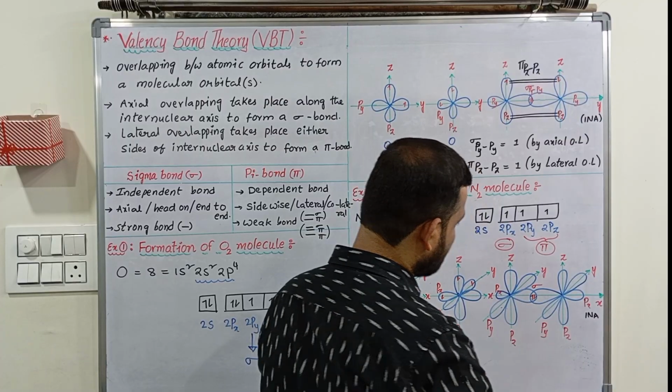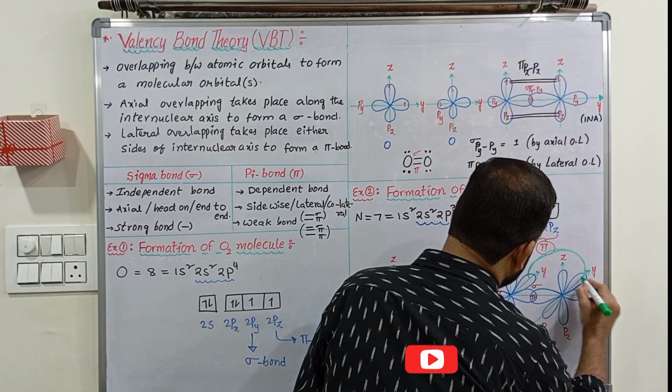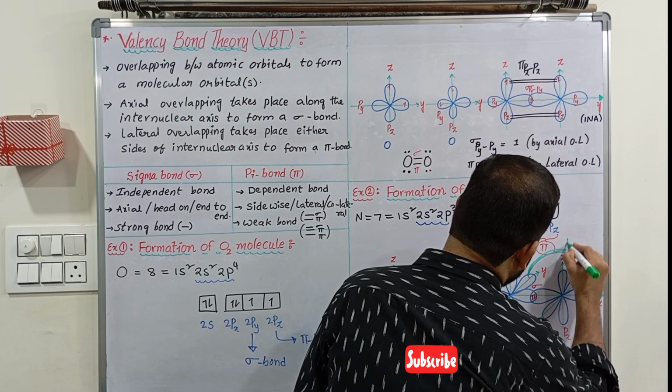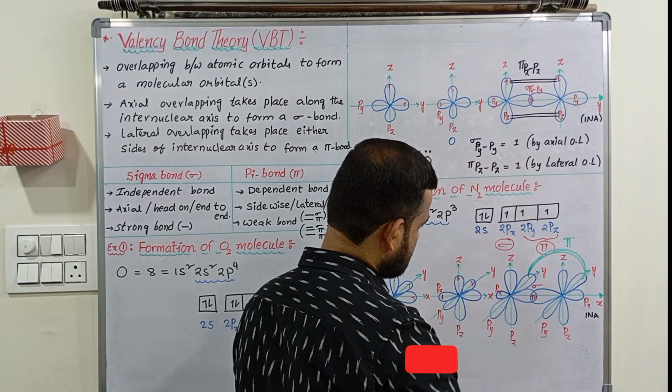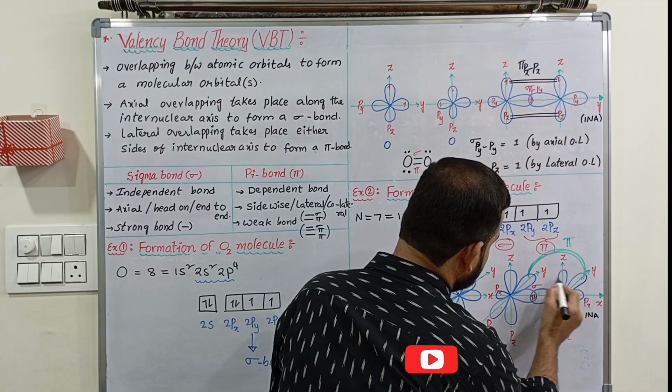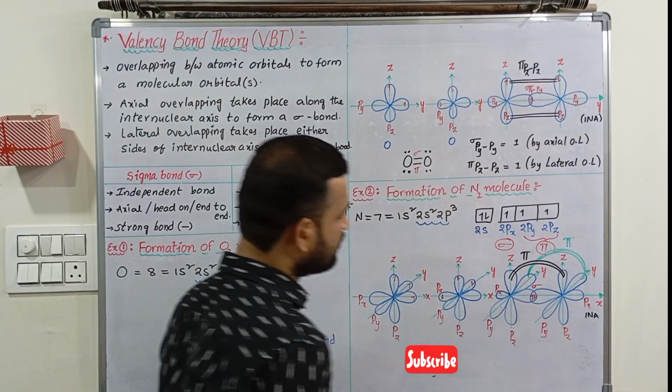Next, this is py. A pi bond is formed between py. Next to pz, a pi bond is formed between pz.